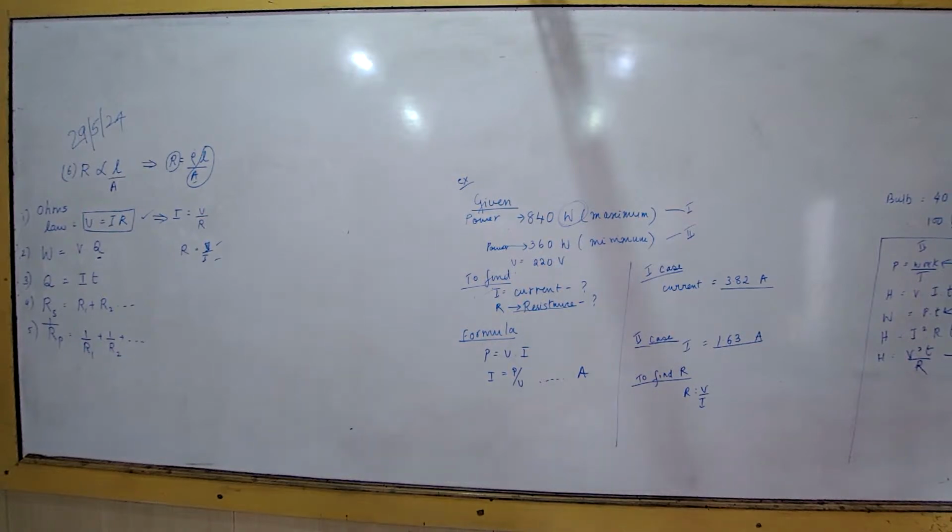Do we have to find the resistance for both cases or just the second? Look at the question. Each. A little bit of math here. And unfortunately, it is in decimal point, so you have to do it.